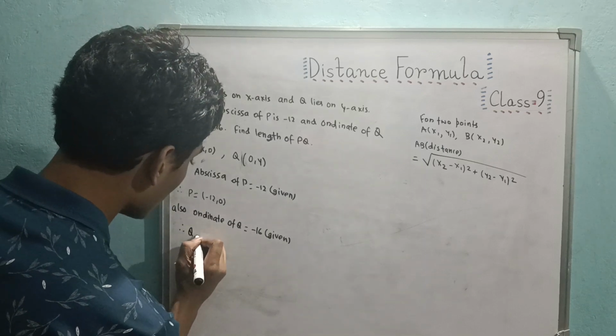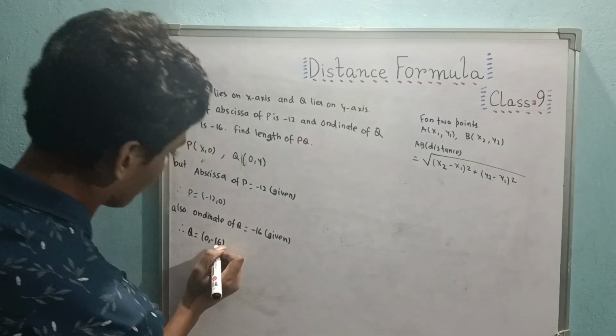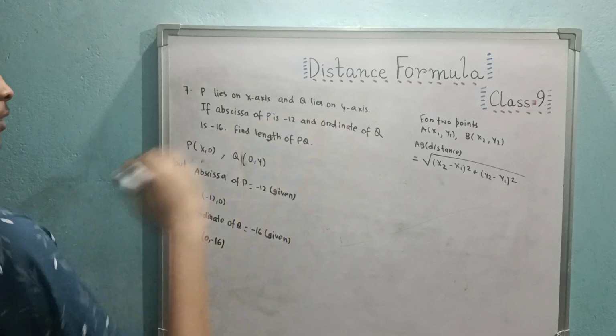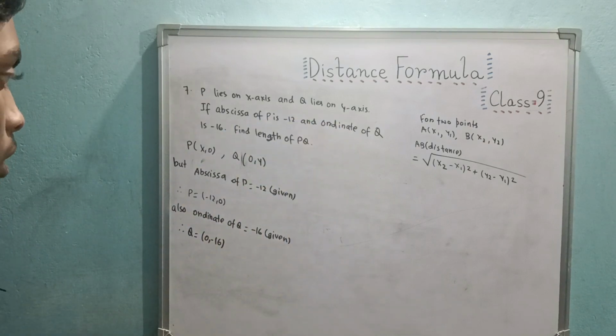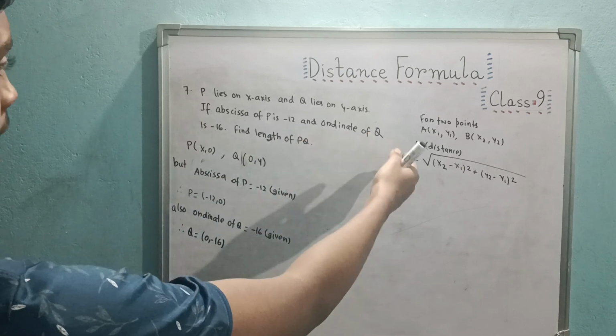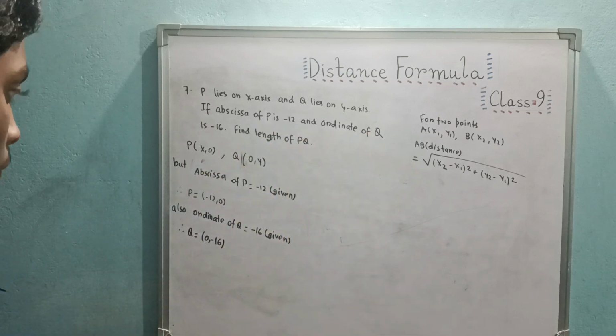Therefore Q equal to 0 comma minus 16. Originally it was on the y-axis, so ordinate was y, x was 0, but the ordinate is now given to all of us.